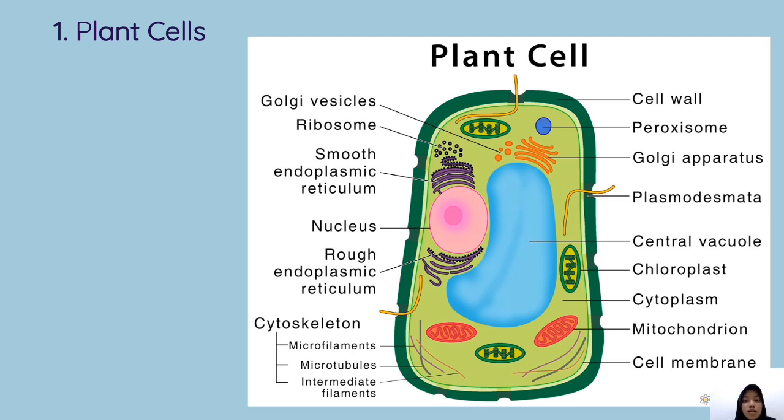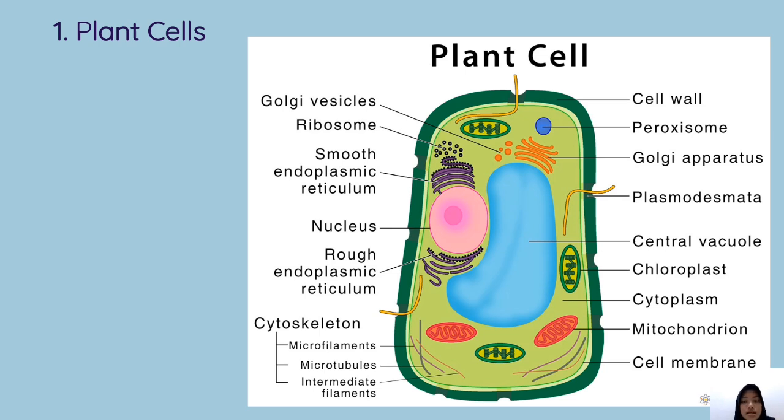The central vacuole is a large vesicle that makes up almost 30 to 80 percent of the total plant cell volume. The central vacuole is often the largest organelle in the cell that is filled with fluid, ions, enzymes, and other molecules.